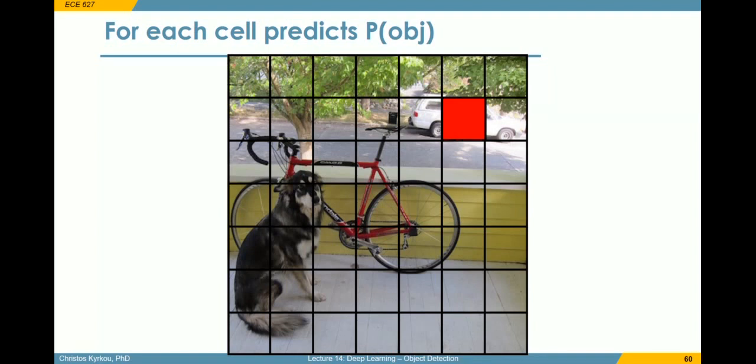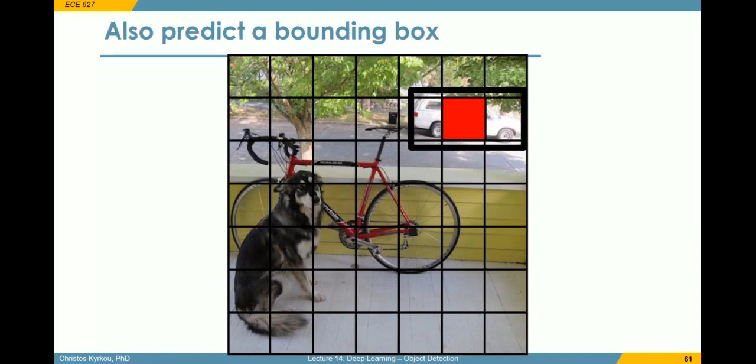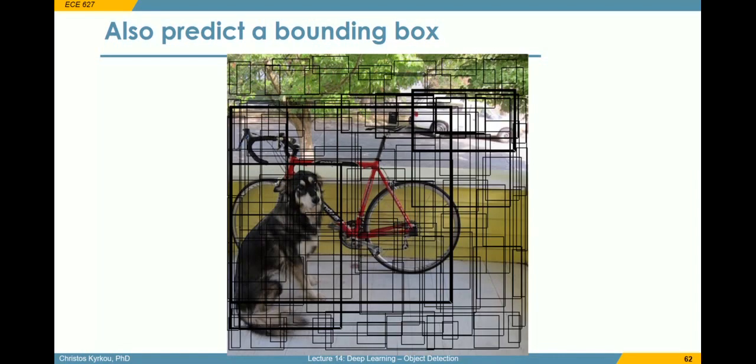So two things, the objectness and the classification. It also predicts a bounding box enclosing that object. Typically, it could also predict more than one box, and we will see how. And all grid points predict bounding boxes.